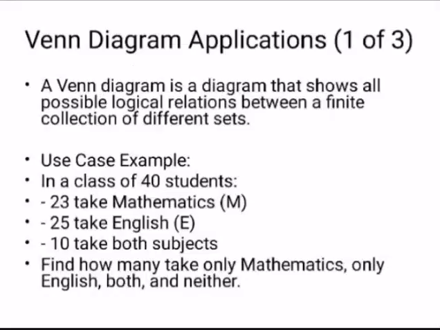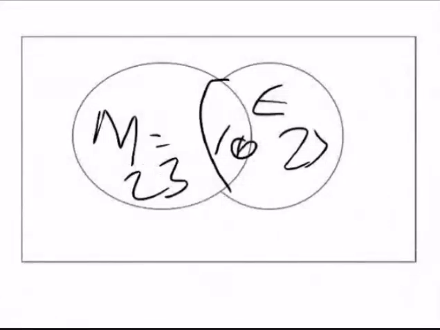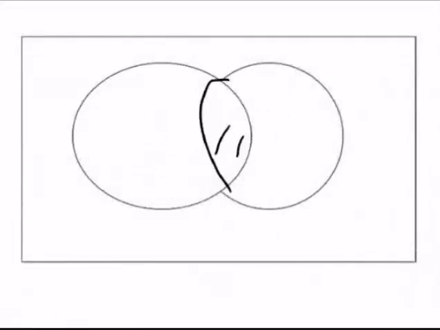So let me show you how to draw the Venn diagram again. First of all, you draw a square, then have two circles inside depending on the number of data. For now we have just two data, that's maths and English.